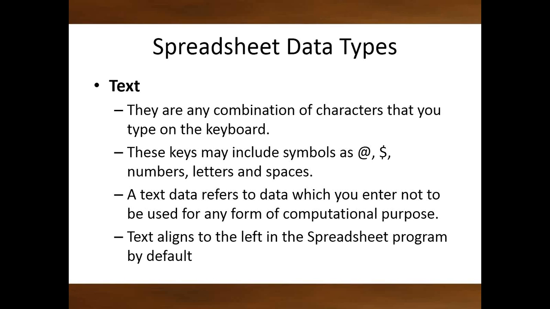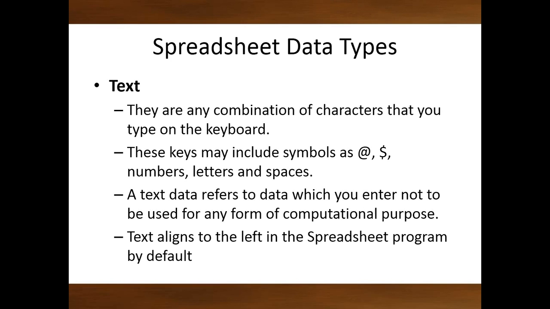So if I type Kofi and I don't want to use Kofi to compute anything, Kofi will be seen as what? Text. If I type 111 and I do not intend to use 111 to compute any results, then that number that I have entered is considered as text.